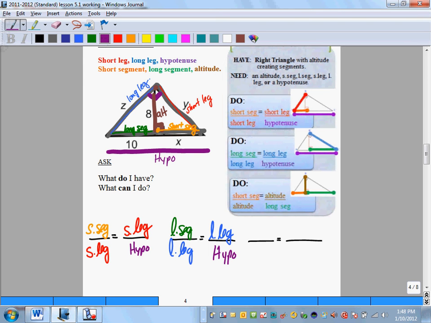Notice the long leg's repeated. They're diagonal to each other. One's a denominator, one's a numerator. Last one, the altitude. Altitude is the geometric mean between the short segment and the long segment.